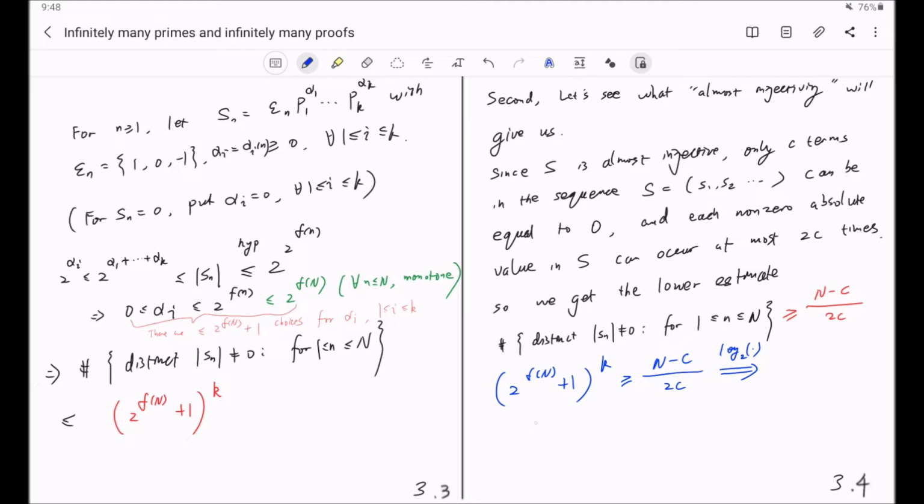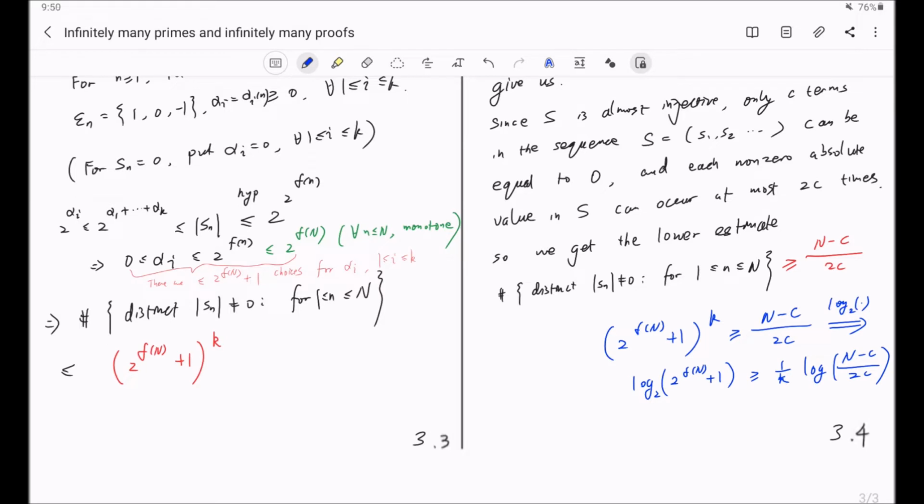This gives you the logarithm base 2 of 2 raised to the power f of capital N plus 1 is bigger or equal to 1 over k times the logarithm of (N minus C) divided by 2C.